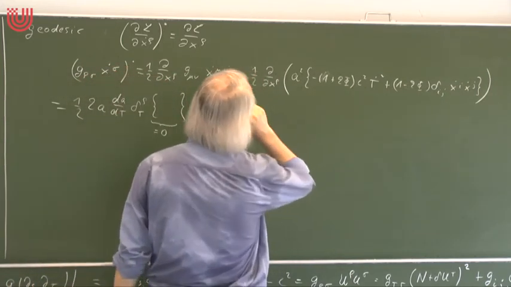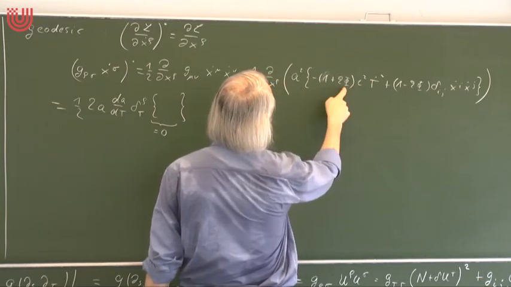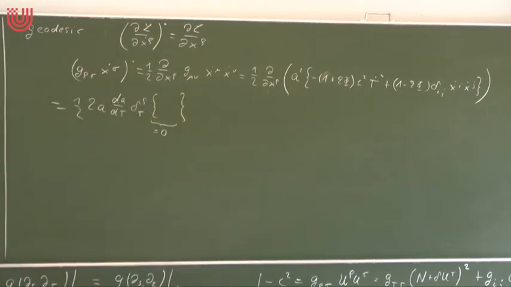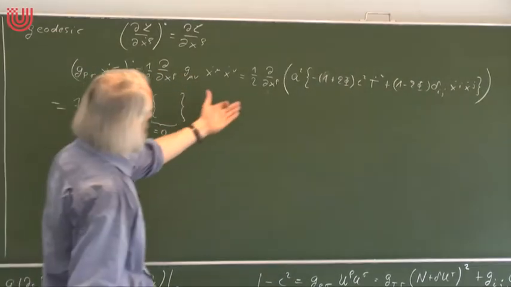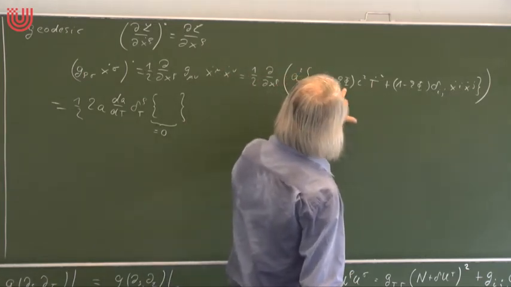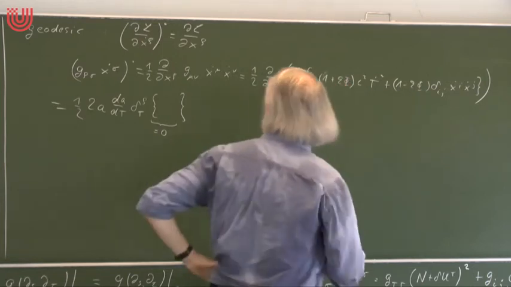So where else do I get something when I calculate this derivative? Only if it hits the phi, right? It's a partial derivative, so the x rho dot are considered to be constant. So it's only a differentiation with respect to the coordinates. The only other thing, except the a, which depends on the coordinates, is phi.